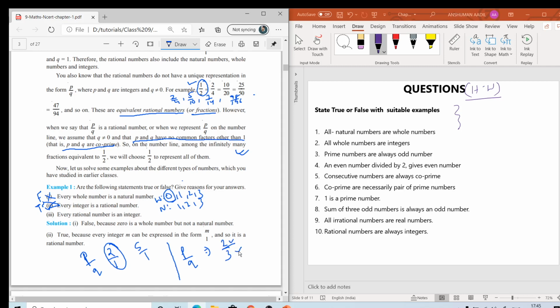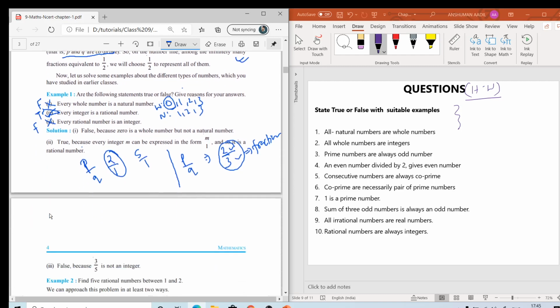They do not have a common factor other than 1, and q is not equal to 0. It is a rational number, but it's not an integer. 2 by 3 is not an integer. It is a fraction. So the statement that every rational number is an integer is not true. It will be false.